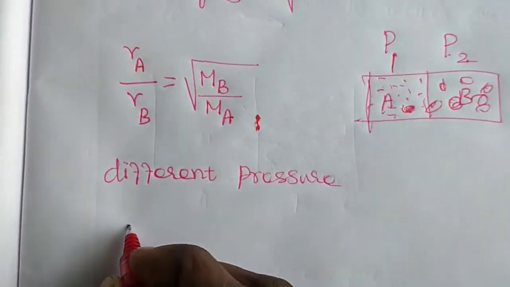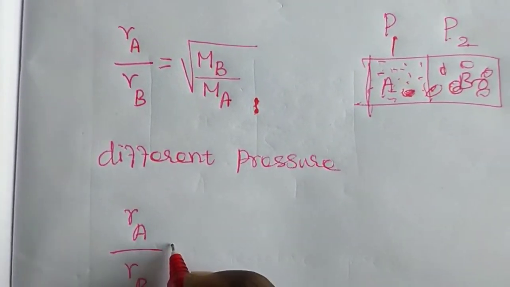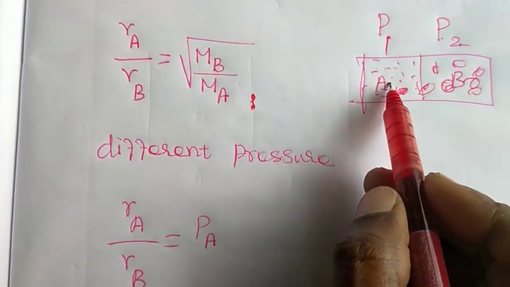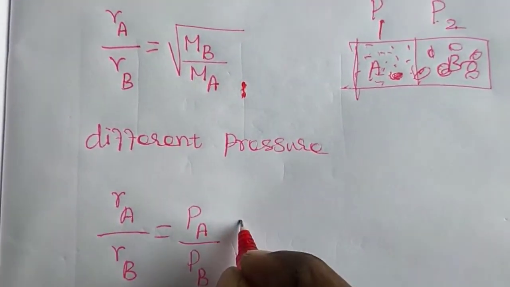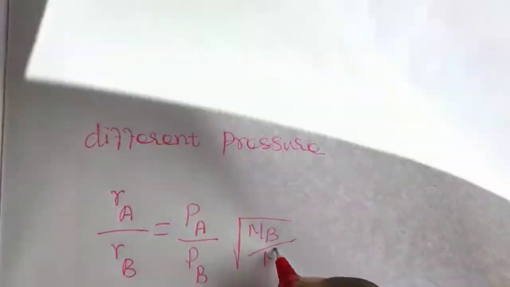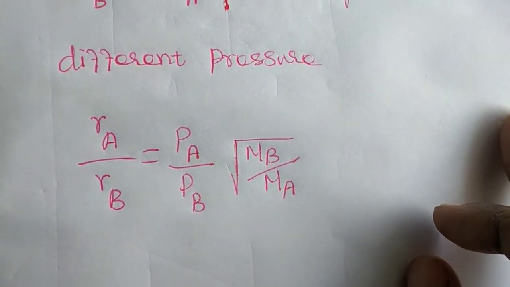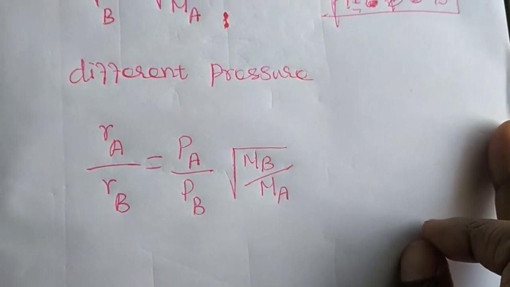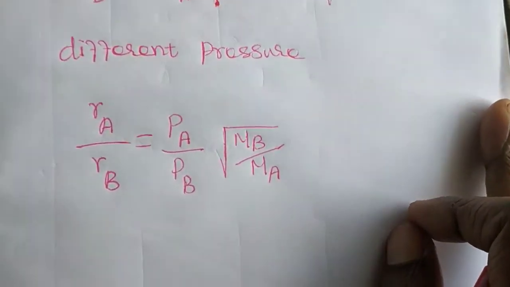We can write Graham's law of diffusion as RA divided by RB equal to PA divided by PB times the root of MB divided by MA. This is the equation derived from Graham's law of diffusion for different gases A and B under different pressures PA and PB.